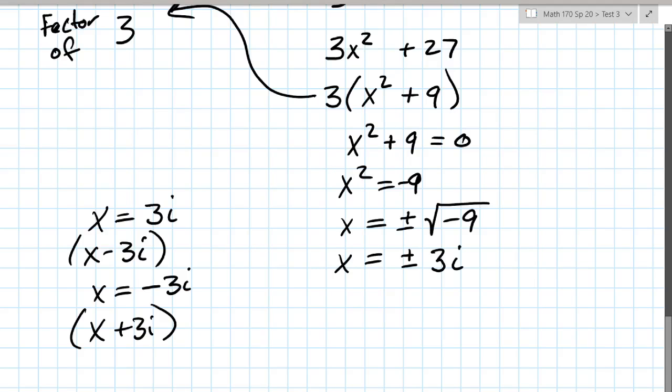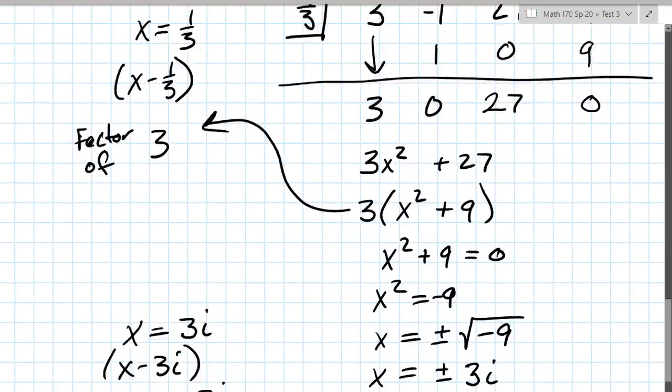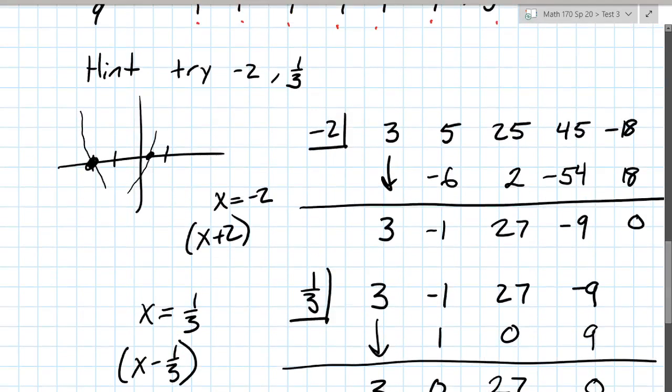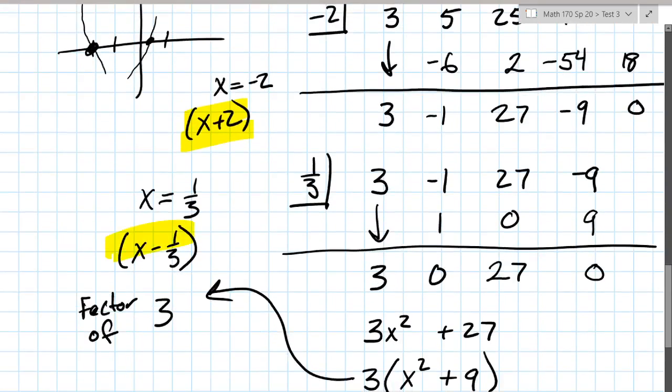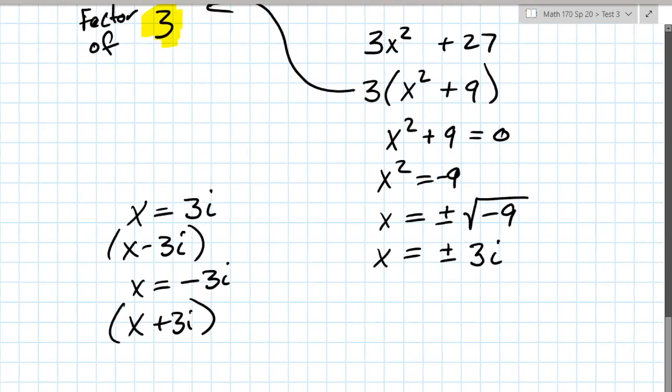If we look back at all of the factors that we found: x plus 2, x minus 1/3, a 3, x minus 3i, and x plus 3i.